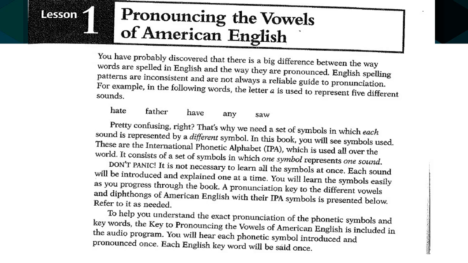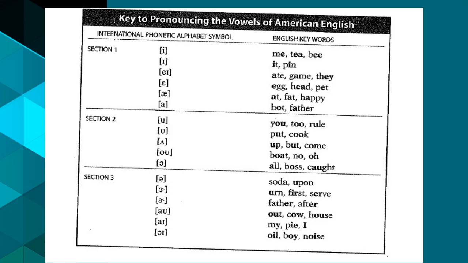You will hear each phonetic symbol introduced and pronounced once. Each English keyword will be said once. Students, in this course, this semester, you're going to practice listening to different audios which are included in the book that we are using.